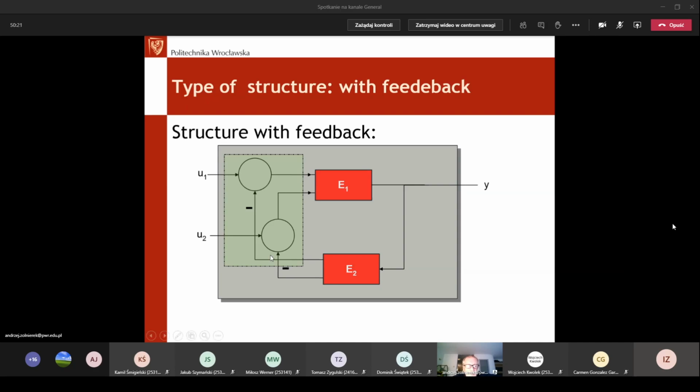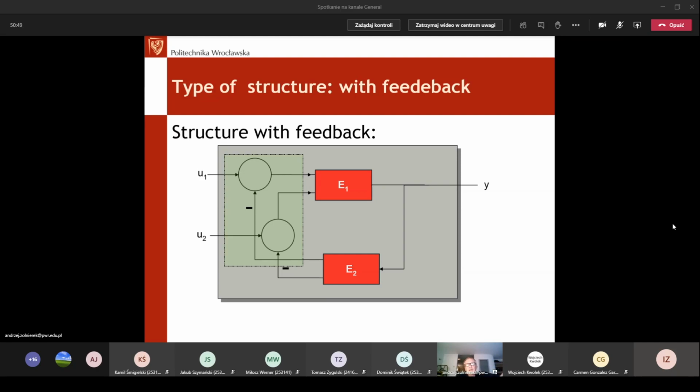We have a certain element E1, and we apply a properly chosen negative feedback, and we modify the characteristic of this element E1 in order to obtain the properties which we desire.